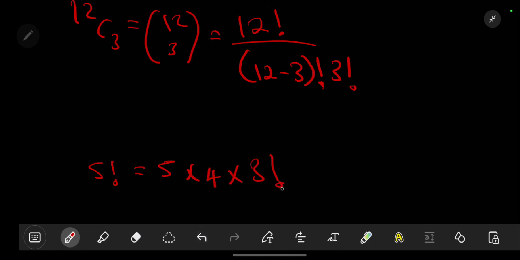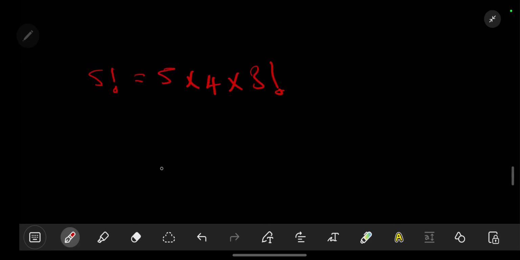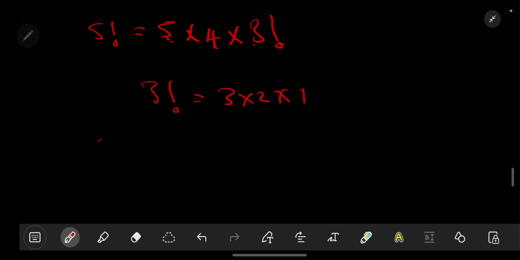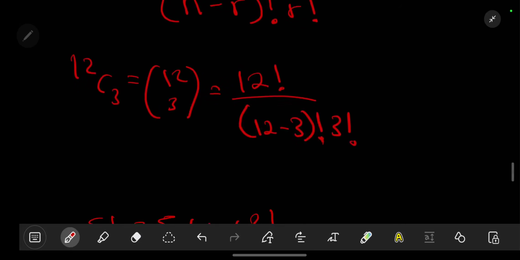You can even write it as 3 factorial, because you know already that 3 factorial will stand in for 3 times 2 times 1. So it's okay if you write 5 factorial as 5 times 4 times 3 factorial, or 5 times 4 factorial. 4 factorial would represent 4 times 3 times 2, which won't change the meaning.